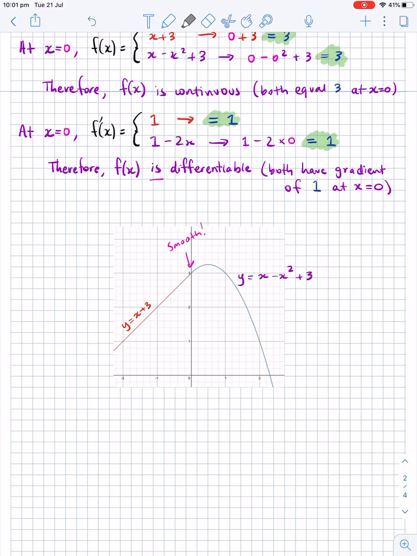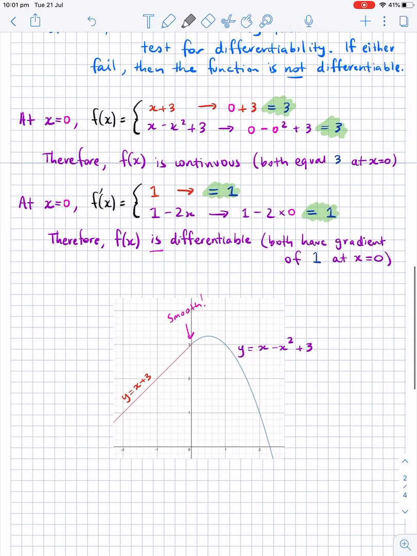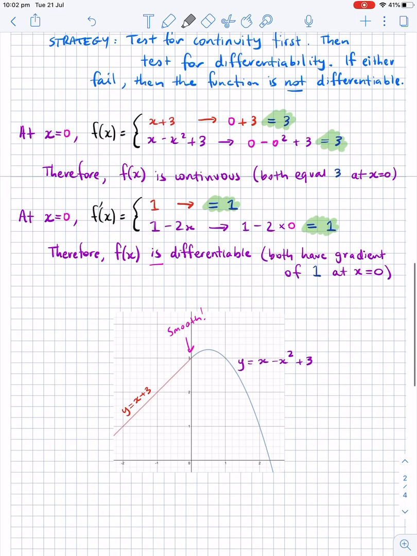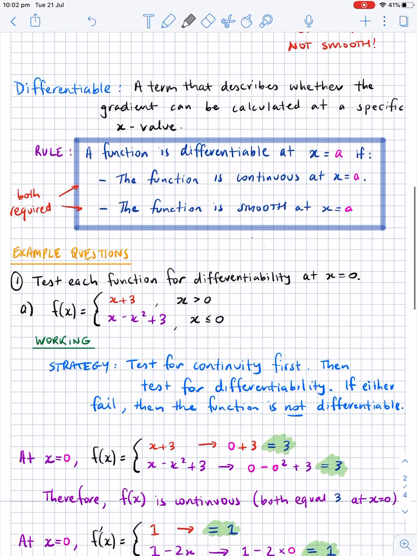You can see that these graphs link up when x equals 0, at the point 3, where they cross over with each other. So that's suggesting that it is continuous. You could draw this graph without lifting your pen. Tick, the function is continuous.